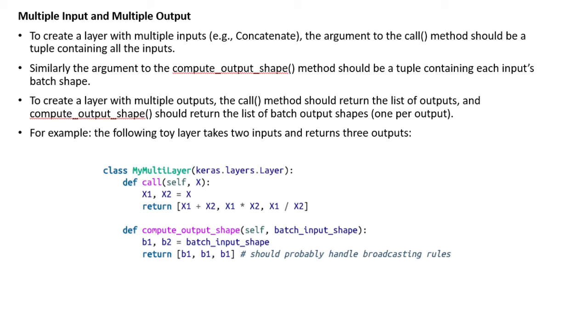When we need multiple inputs, the argument to the call method gets updated to be a tuple containing all the inputs. Similarly, the compute output shape will also be updated to take a tuple containing each input batch shape.